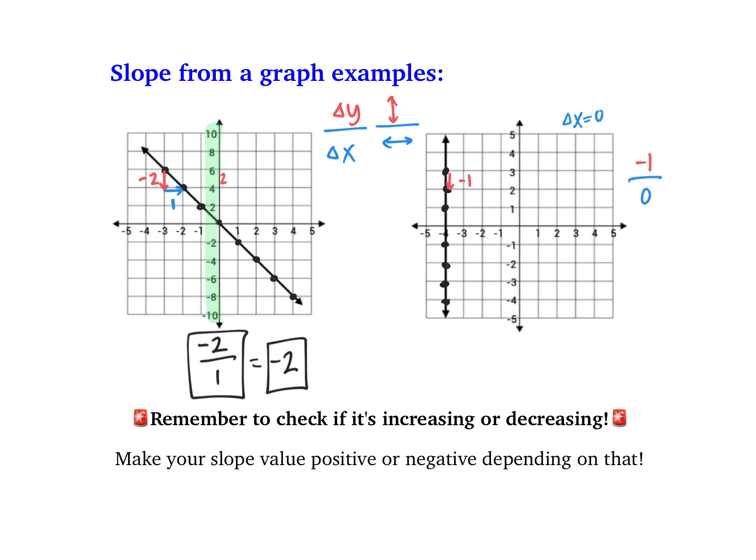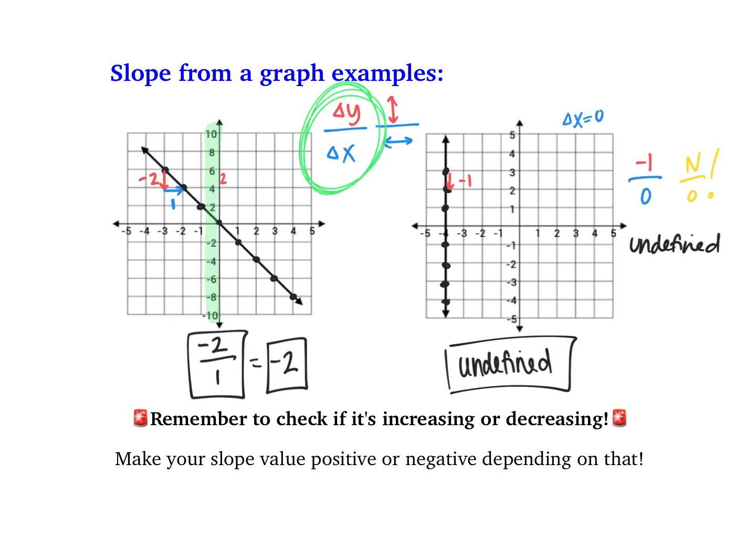Now, maybe you remember a 0 on the bottom is not okay. Anything that's over 0 would be called undefined. So this is an example of that undefined slope that we talked about at the beginning. But you can see that the work to get to that point was still the same. Your slope comes from that change in y over your change in x.